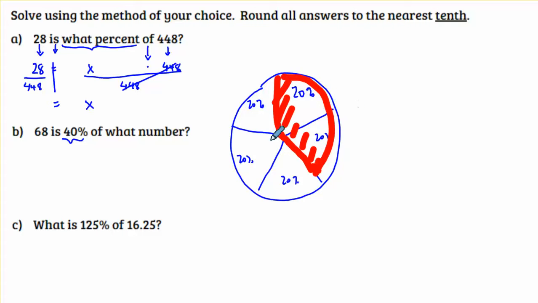Okay, and I know that all of this 40% is 68. Okay, so 68 is in these two little pieces of pie, which means that each piece of the pie would be how much? If two pieces make 68, then that means each little piece is 34.